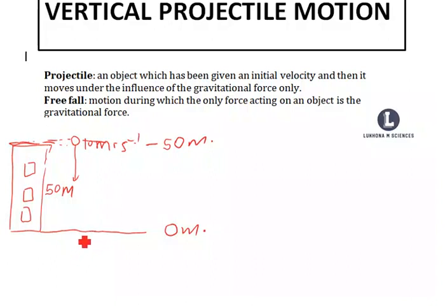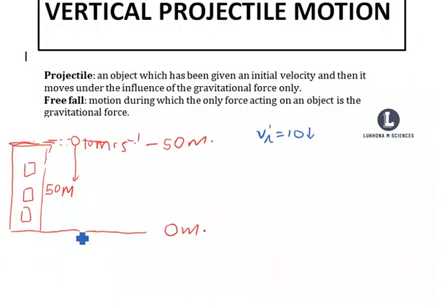Now let's look at the time from the top to the ground. We are going to use the equation of motion to calculate the time. Let's collect the data. The initial velocity is 10 meters per second, but downwards, right?